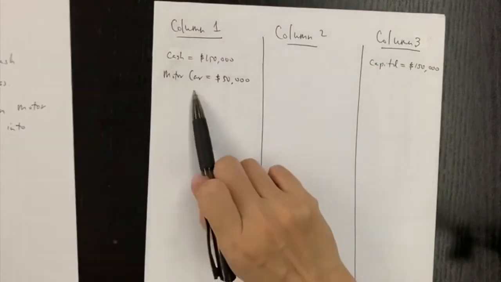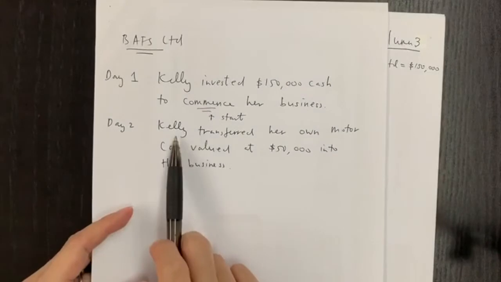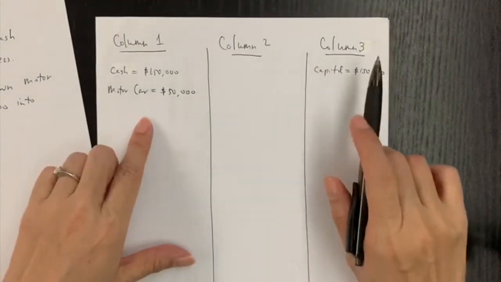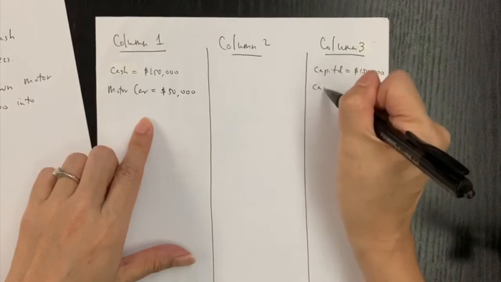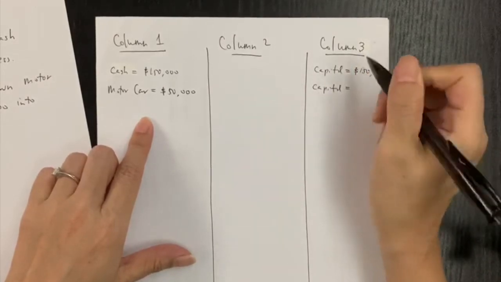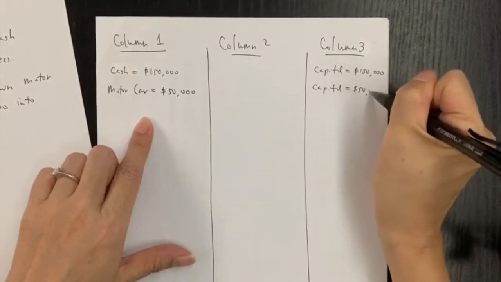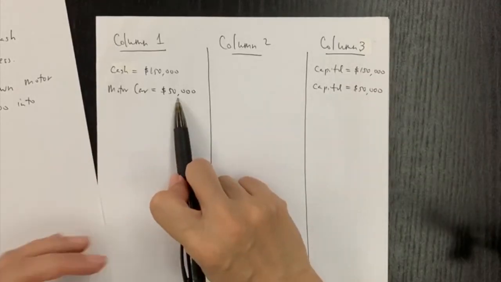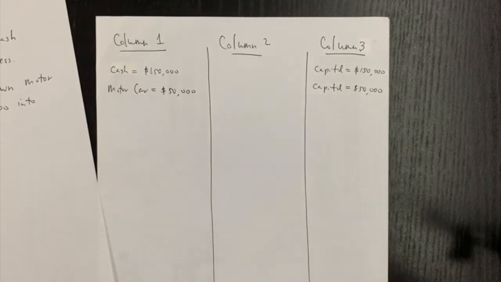Since this motor car was being transferred by Kelly, and Kelly is the owner, we put this in column 3, and also the name is capital. We use capital here. So this is how we record the transaction on day 2.